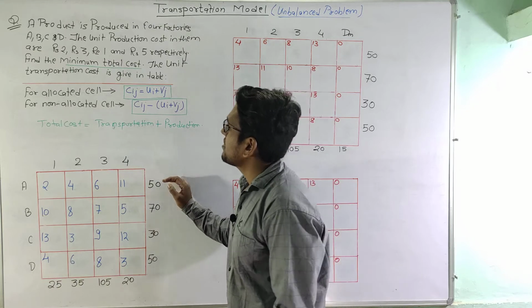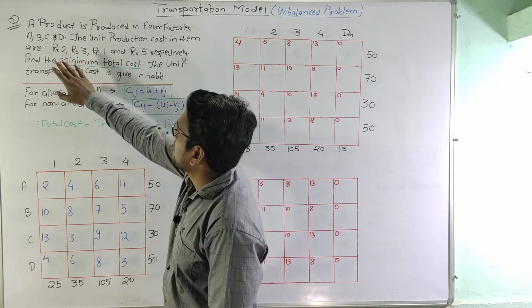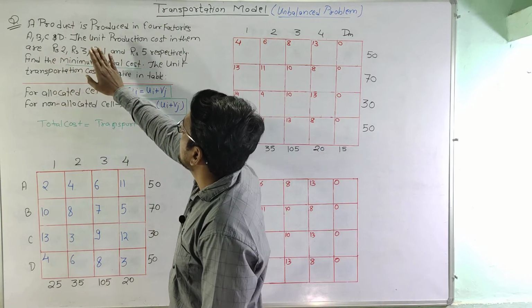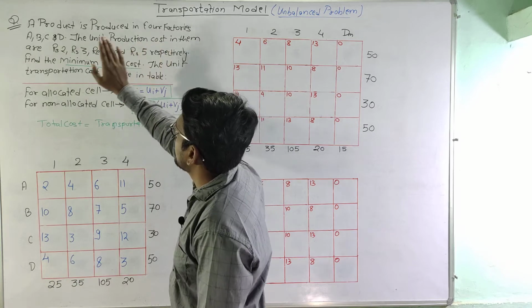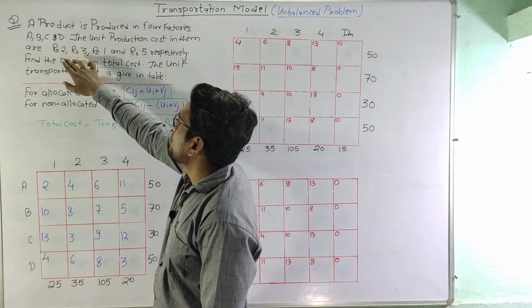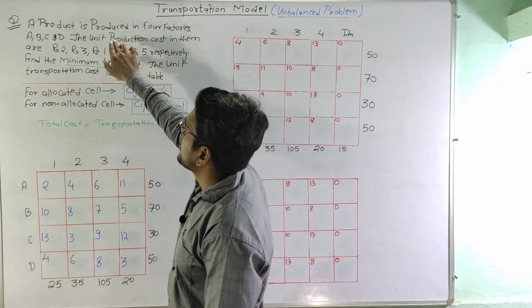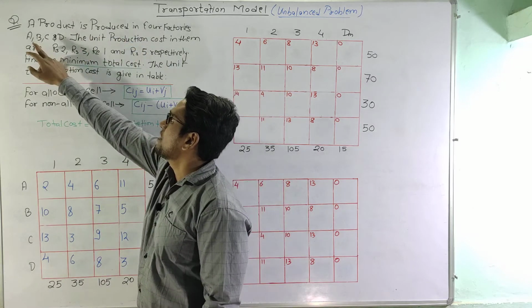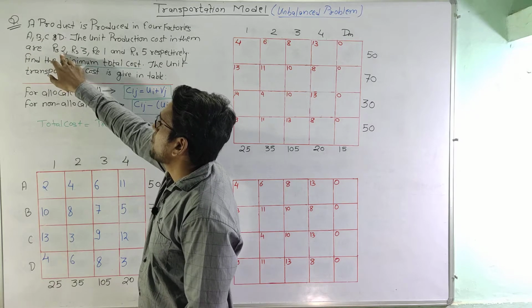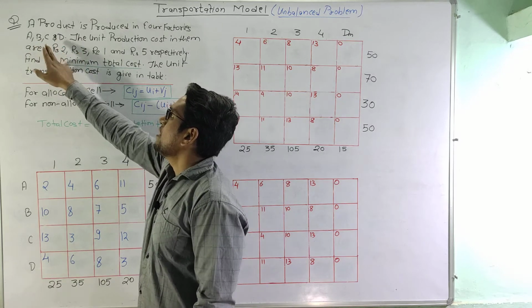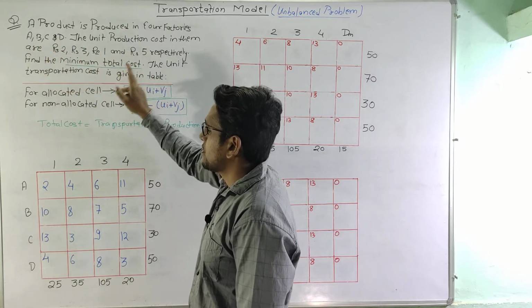It has been mentioned that for factories A, B, C, D, the unit production cost is rupees 2, 3, 1 and 5. That means to produce 1 unit from factory A the cost is rupees 2, to produce 1 unit from factory B the cost is rupees 3 and so on.